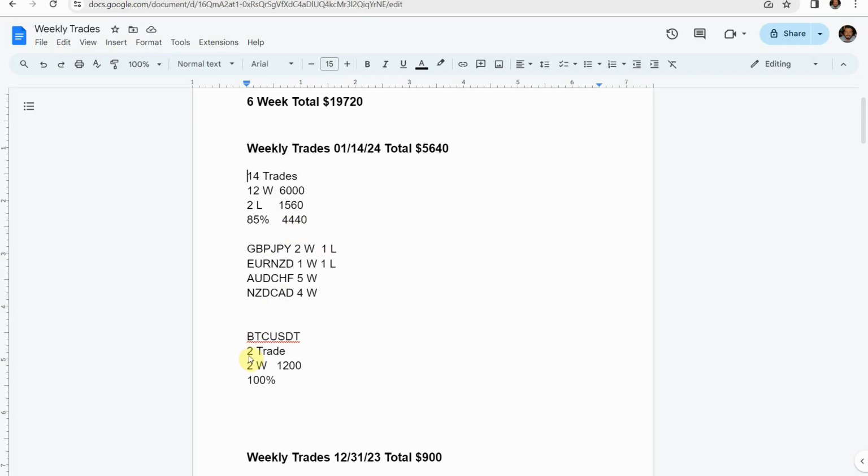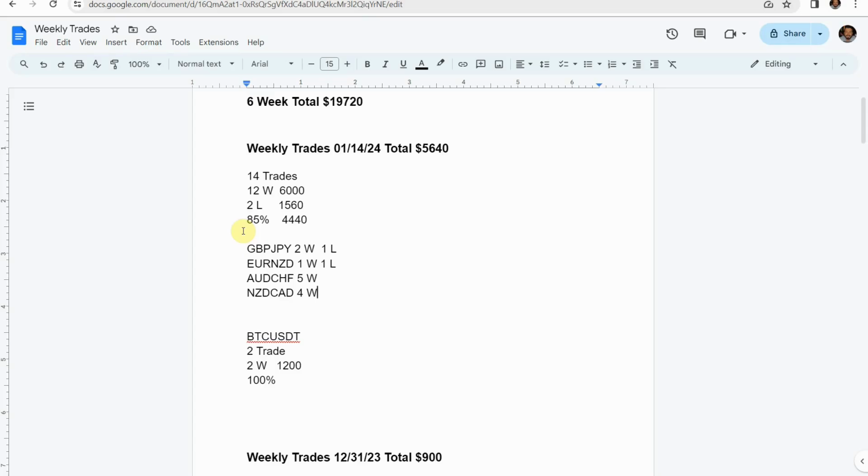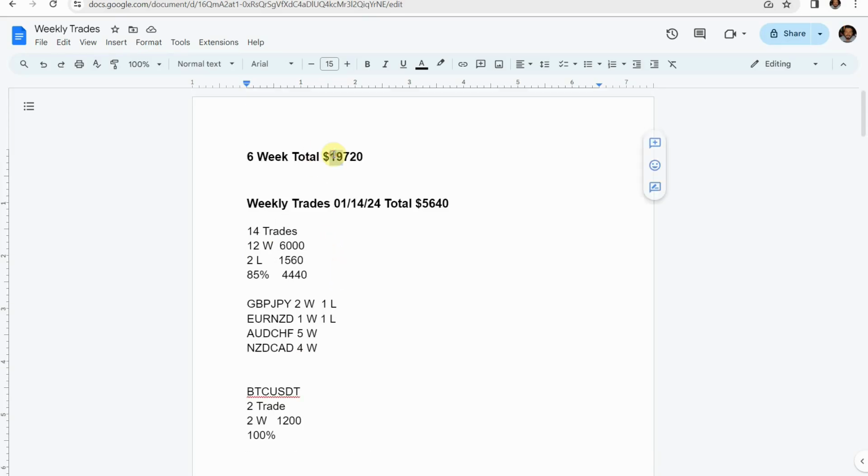On the crypto coin, 2 trades, 2 winning trades, 100% win rate, a gain of $1,200. Total gain for the week would have been $5,640. Add that to our 5-week total, and our total now at 6 weeks would have been $19,720. And so you can see that with just a handful of Forex pairs and a couple handfuls of trades a week, you can earn significant profits from the strategy, like I've said before.